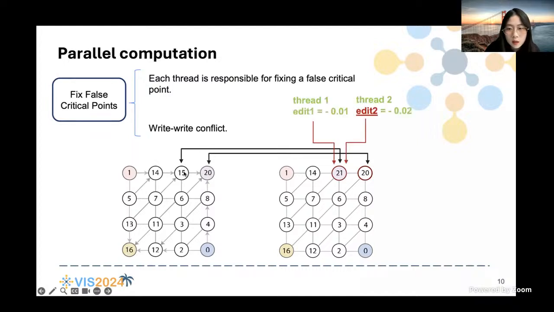And in this case, thread 1 and thread 2 are going to modify the same vertex 21 with different deltas, which are add 1 and add 2 here, where only one delta will really be applied, which might lead to inconsistencies in the result. Therefore, we use an atomic operation to only apply the delta with the largest absolute value on the same vertex, that is add 2 here. And then we can get a deterministic result, and also guarantee the convergence of our methodology.